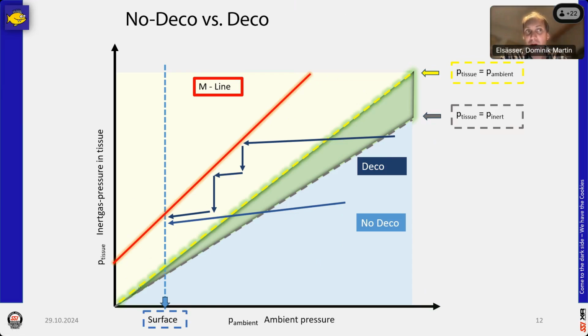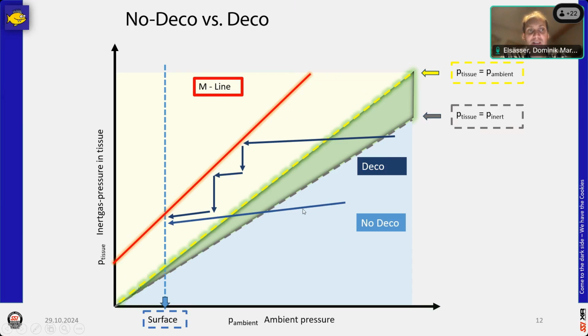But from the model perspective, this model would in a way be okay with the diver to which this light blue arrow belongs directly surfacing with a limited speed, of course. We don't get to the surface like a missile, and a bit of desaturation happens on the ascent. This is why this arrow is skewed a little bit, moving a little bit downwards during surfacing. But that would be a no decompression dive.